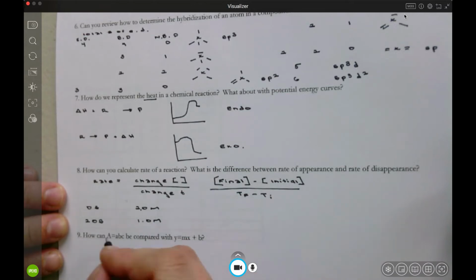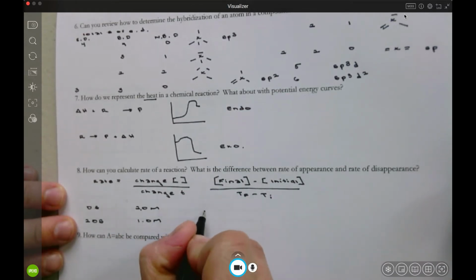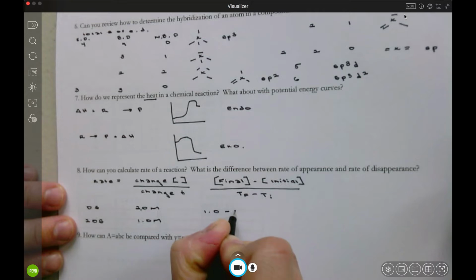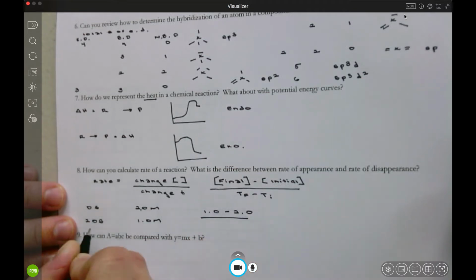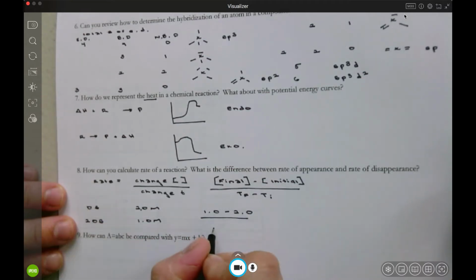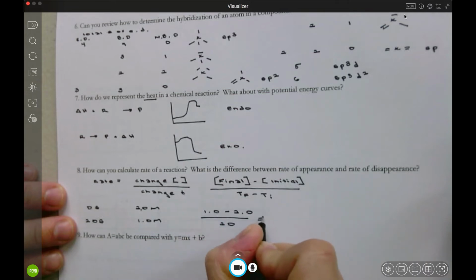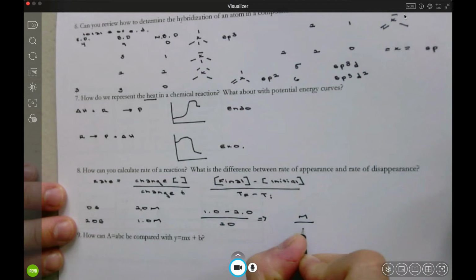So my final concentration will be 1.0 minus 2.0 divided by 20 minus 0, 20 seconds. That's how I would calculate my rate. Notice my units would be molar per second.